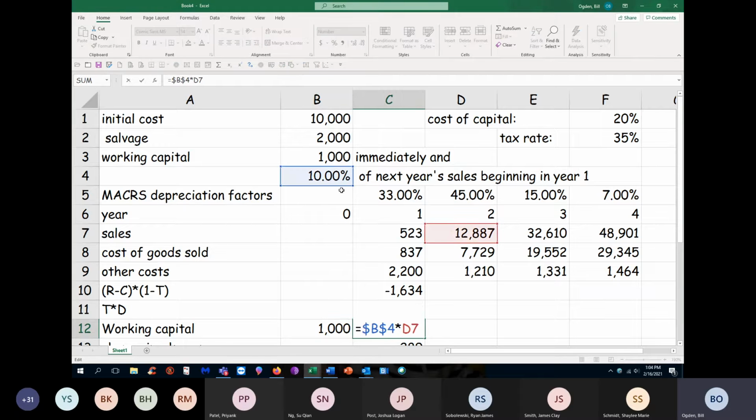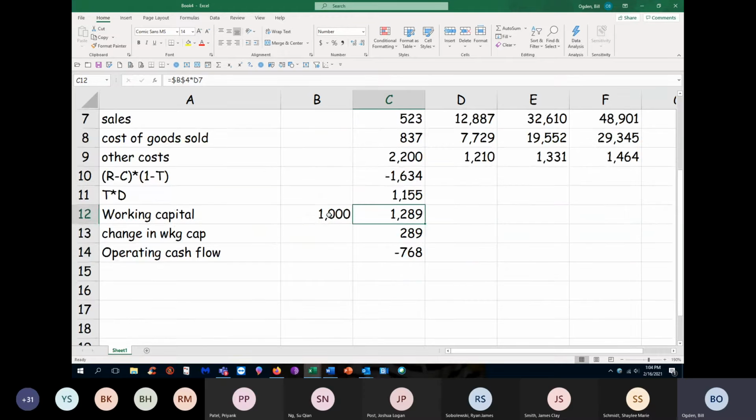I said that I'm going to take 10% of this 12,887, and that's where I'd like my ending working capital to be by the end of year one. So what I had to do is build this up from 1,000 to 1,289, or a difference of 289. So that's your delta working capital. Okay, and then I take my components, revenues minus cost, plus T times depreciation, minus any increase in working capital, and that's what gave me this final number.